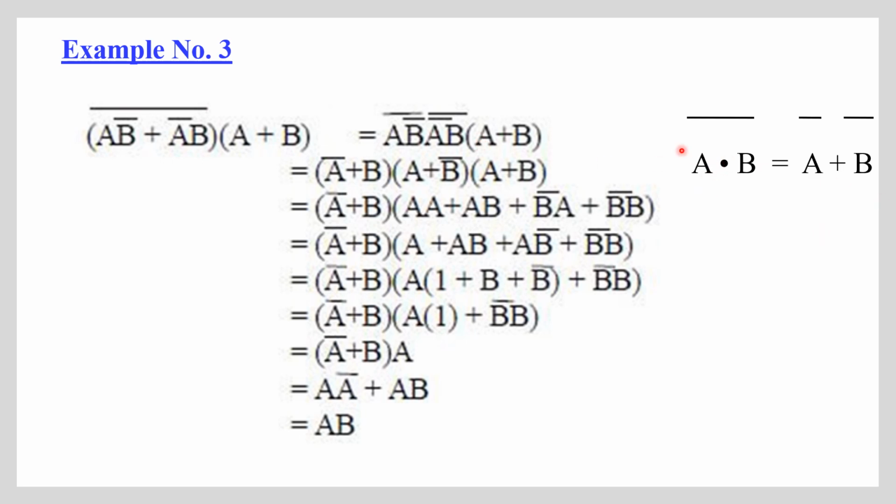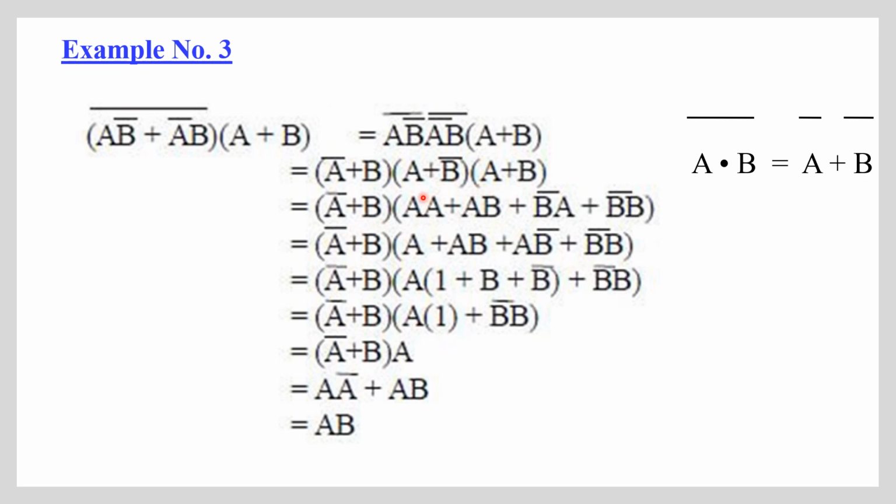So using a b bar is equal to a bar plus b bar. Now again breaking this, we get a bar plus b bar bar, the bar gets cancelled, so it is a bar plus b, and here a plus b bar, and this is kept as it is, a plus b.